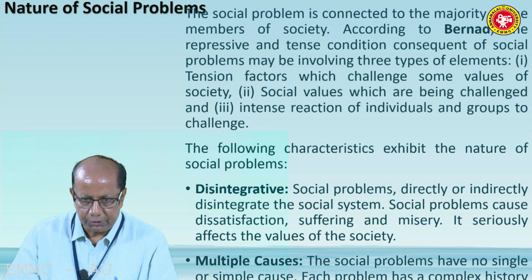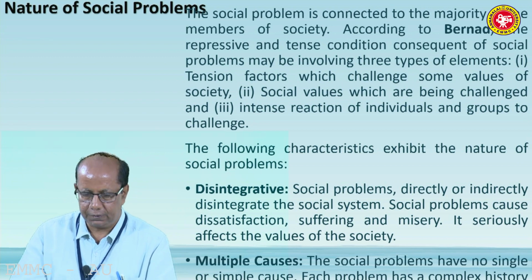Nature of social problems. The social problem is connected to the majority of the members of society. According to Bernard, the repressive and tense condition consequent of social problems may involve three types of elements: tension factors which challenge some values of society, social values which are being challenged, and intense reaction of individuals and groups to the challenge.